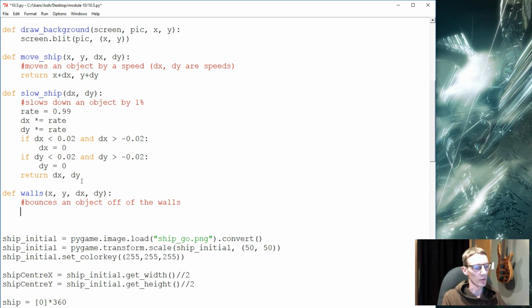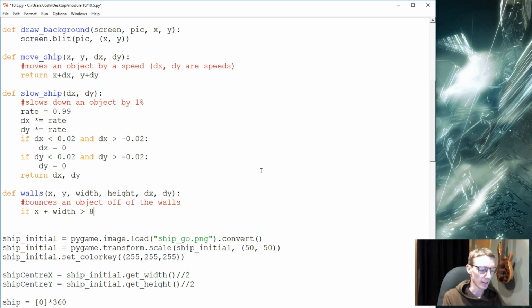So we've done this kind of code before, right? And in fact, to make it slightly better than what we've done before, we can also send a width and a height of our object so that the object will bounce off the wall in exactly the right spot. So we can just say if our x location plus the width of our object is greater than the width of our screen, you know what, we could pass that as a variable as well.